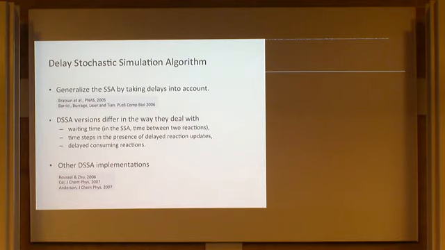And then, of course, there is David Anderson's algorithm from 2007, very nice work, where he presents the modified next reaction method and includes not only delays but also time varying rates.